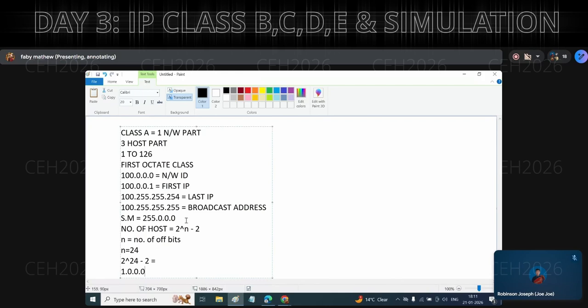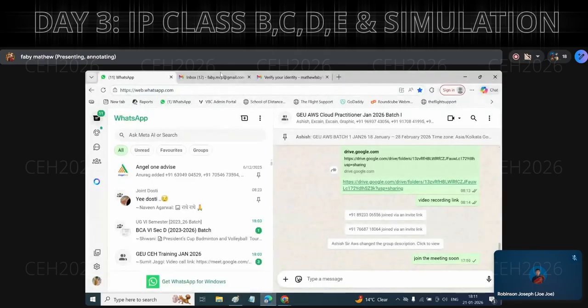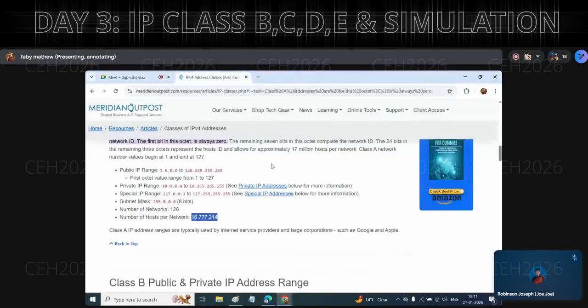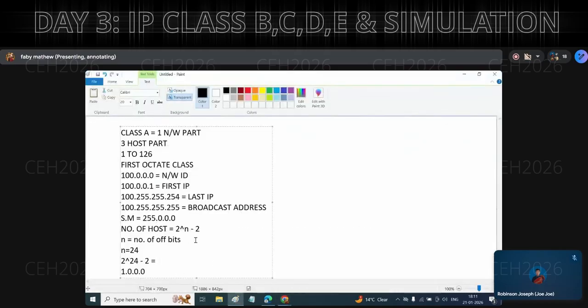Like this, in each and every range of class A addresses, we can create this many IP addresses. Total number of hosts is this. Okay, got it?